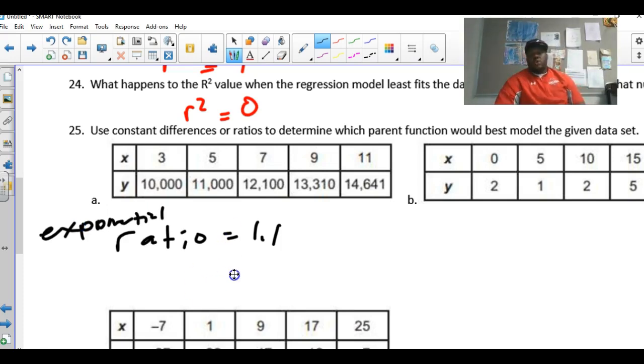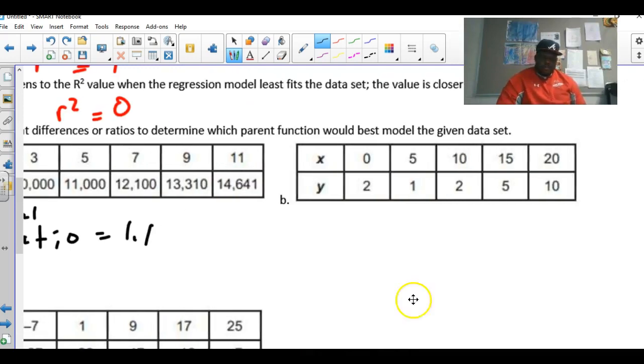I know quartic showed a R squared value of 1, and that's fine. But this one, given, again, if I multiply this by 1.1, it's going to give me 11,000. If I multiply that by 1.1, it's going to give me 12,100. All right, or if you divided all these, you get 1.1, okay?